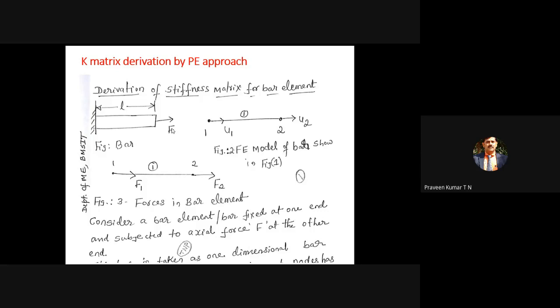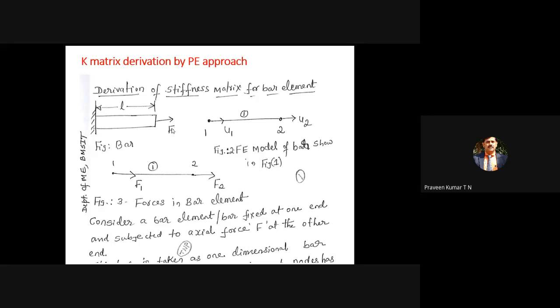Applying potential energy concepts to structural analysis is very easy, but when you use the same potential energy for heat transfer analysis, it is more complex. My purpose is to explain the potential energy concept that will be helpful for heat transfer analysis. This part was already done in the second module under the truss, the bar element. You have already used the bar element.